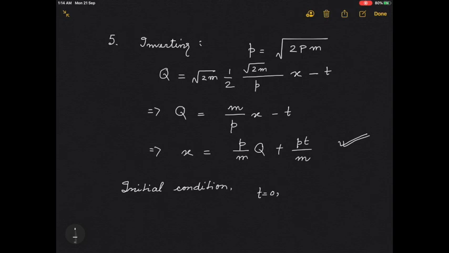So what is the initial condition? Well, t equals to 0, capital P was the p square by 2m, that is called p0 square by 2m because that is the initial value of p, it's equals to H.